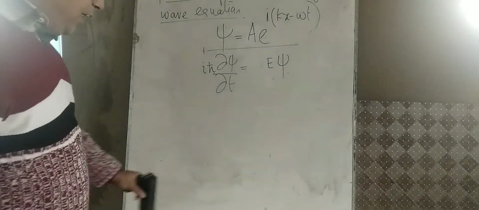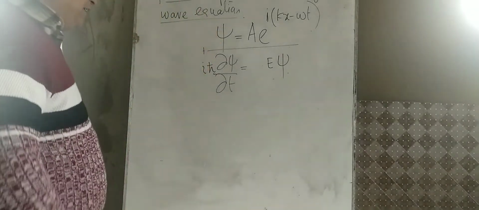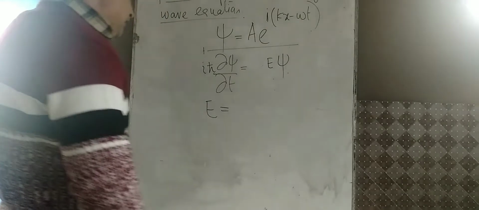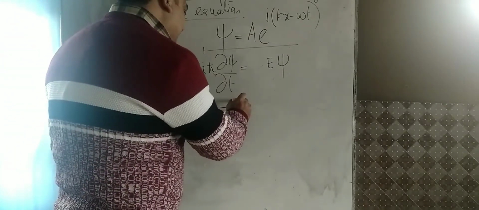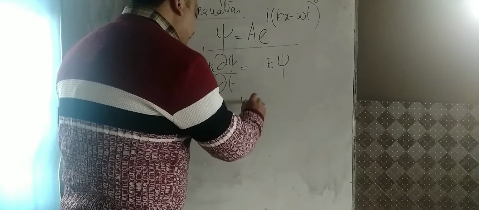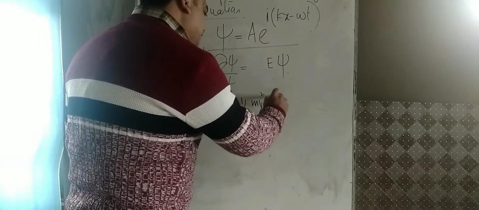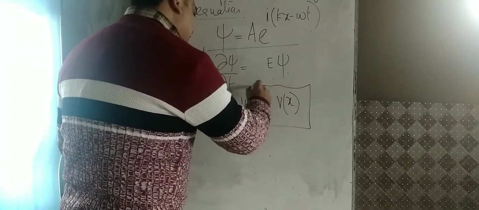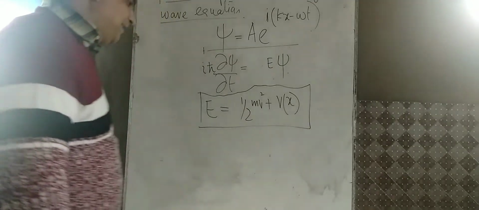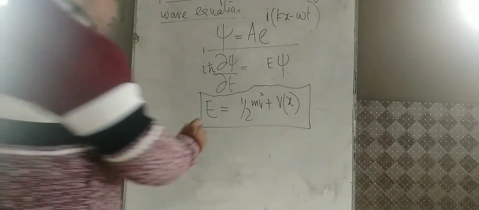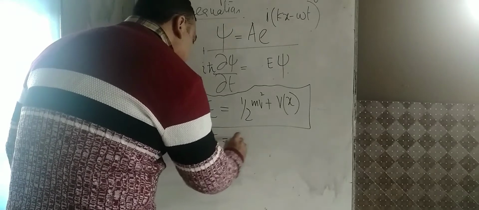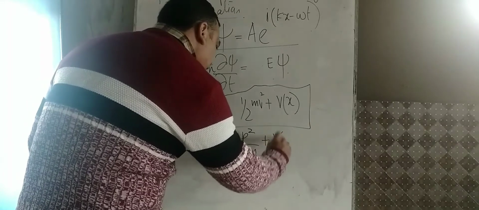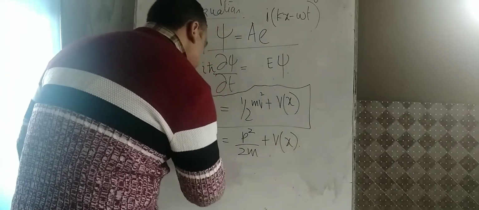Now, if I write this E as the summation of kinetic energy, that's 1/2 m v square, and potential energy along x, subjecting the system to some external force, I can write E as P square by 2m plus V of x.